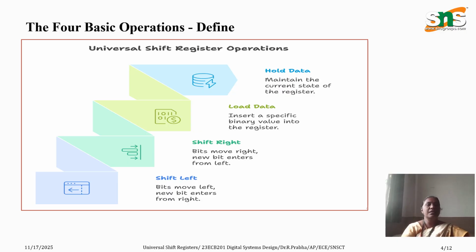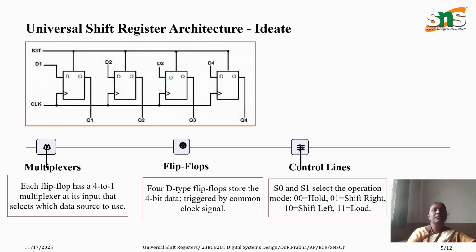During shift right, on each clock pulse the bits move right by one bit, and during shift left, the data are moved left. Because of all these operations, the shift register is called a universal shift register.